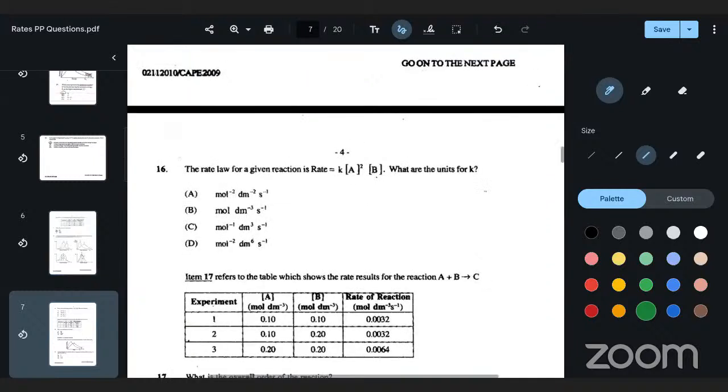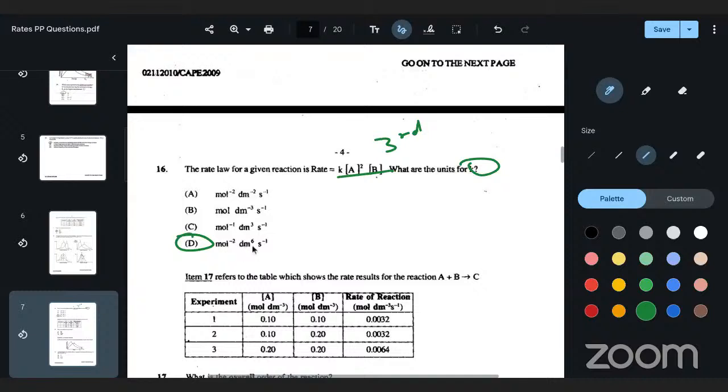All right. What would be the rate law for this? Sorry, what would be K, the units? Sir, D. So basically, when the overall order is third order, this will be the unit, dm6.